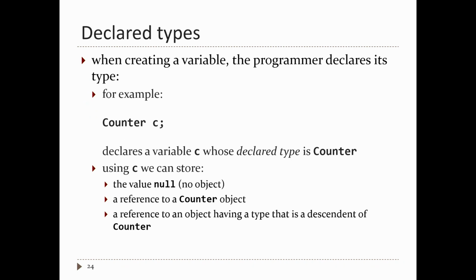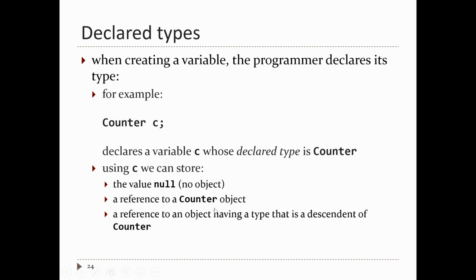So what does that mean? Well, it has a bunch of implications. When I make a variable c of type Counter, that says that c can only store a reference to a Counter object. But it can also store a reference to anything that's substitutable for a Counter object. So using c, what can I store? I can store null, no object.